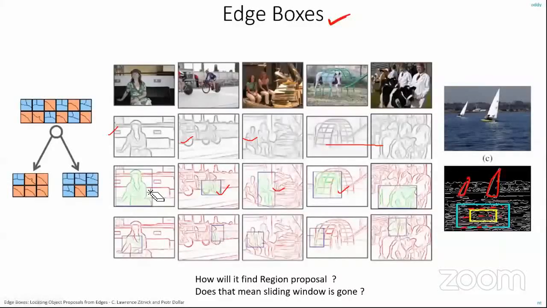Now the question comes, we were running off this sliding window, right? We don't want a sliding window. Why didn't we want a sliding window? Because in earlier scenarios we used to have a sliding window. After each slide we used to send that to the CNN, and the CNN used to take a huge amount of time for classification of those images. Now though we are using a sliding window, imagine it, we are not sending all the images, right?